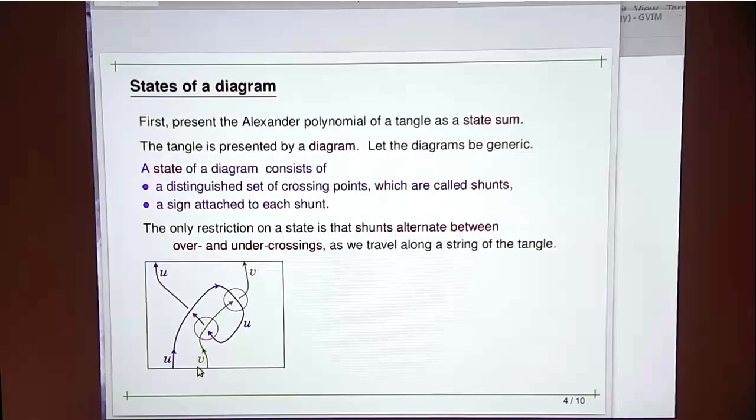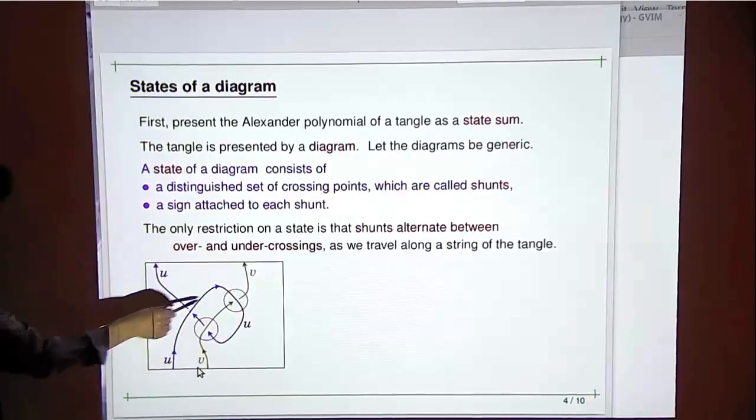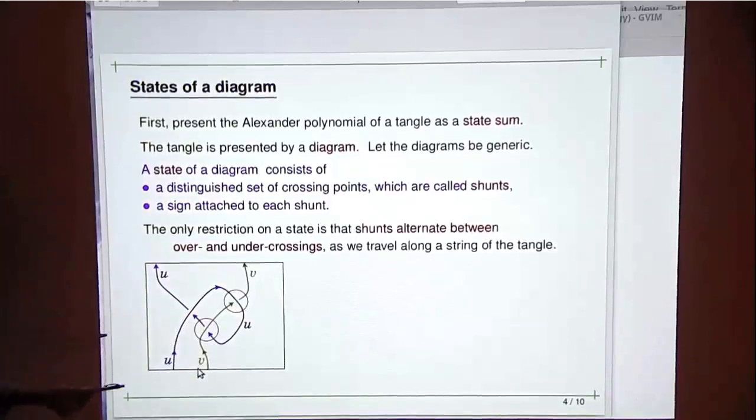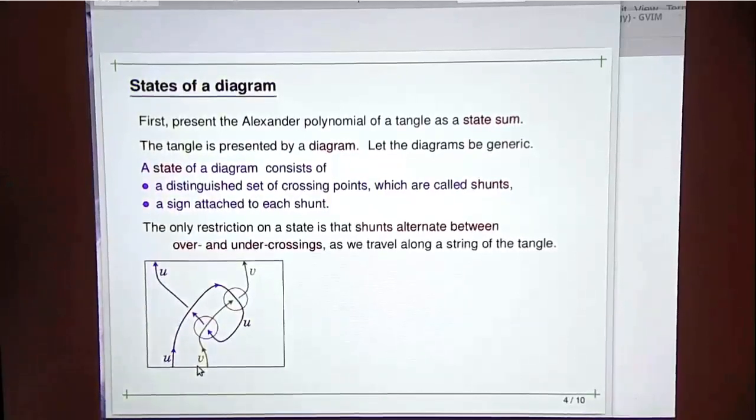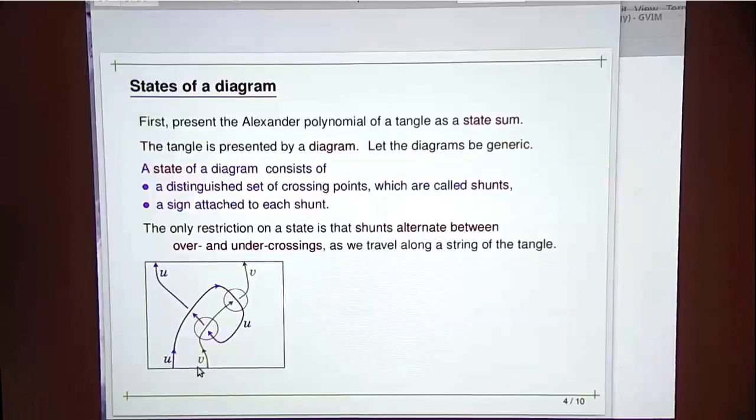If you change orientation, it would still be a shunt, but we do not change orientation because it is in the structure. I mean, if I change this crossing, then there will be three shunts. I can call it a shunt. I think it's up to you, so I can treat it as I like.